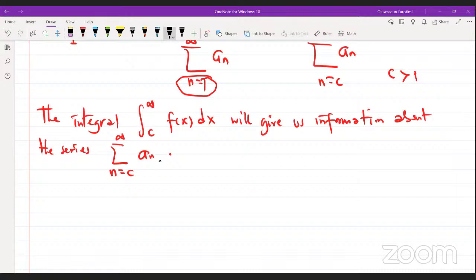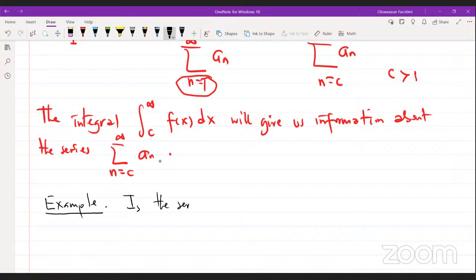All right, so the first example. We're trying to answer the question, let's start from a very basic example.